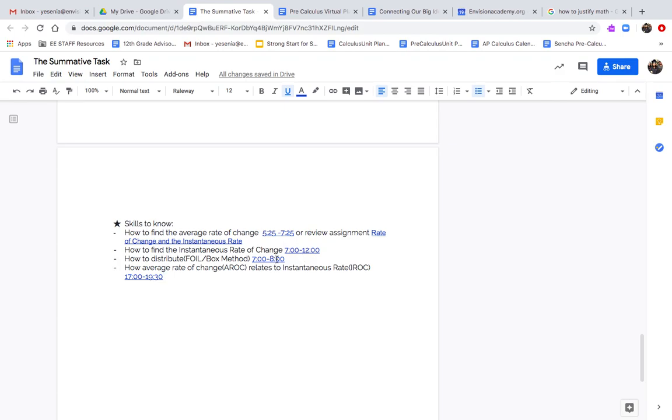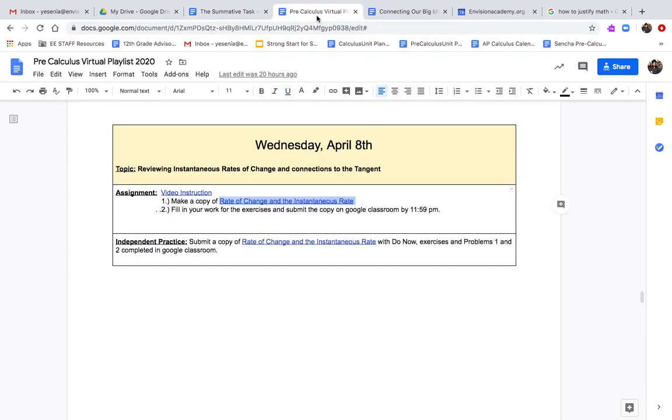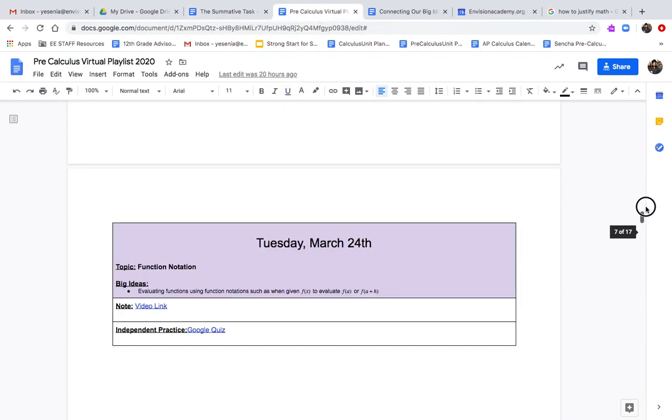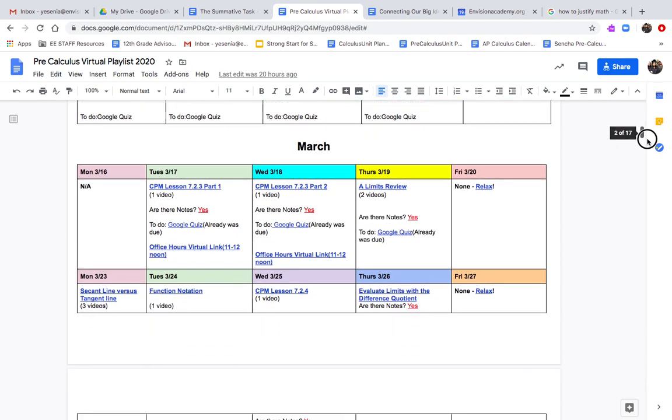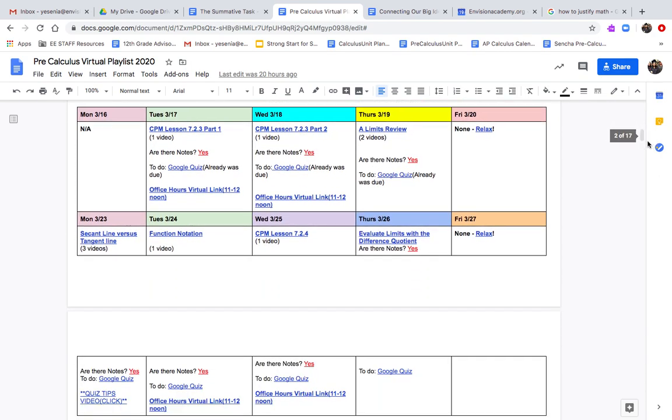And if you forgot the FOIL/box method, you could check this one out and so forth. But you could always go back to our virtual calendar and go back to our past lessons to review any skills that you need to refresh yourself on. It's all on here. We even have March if you scroll all the way down. But other than that, let's go back onto the task.